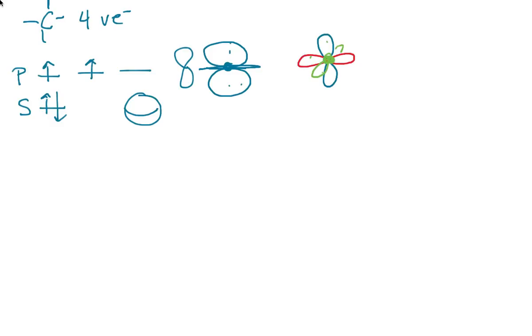And that geometric structure for a carbon is a tetrahedral. So a carbon has a tetrahedral shape.